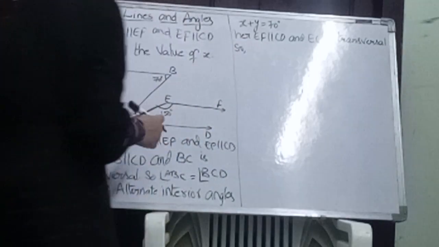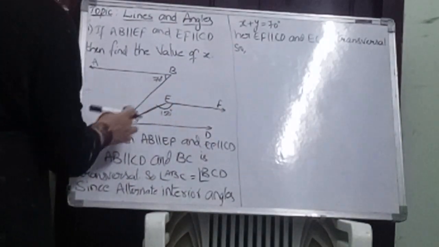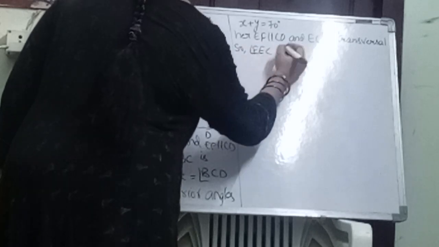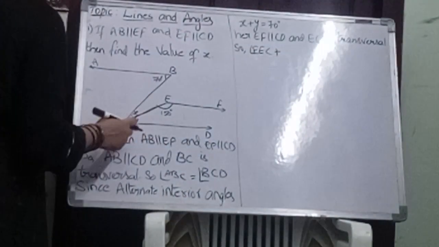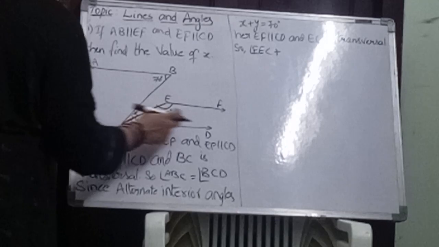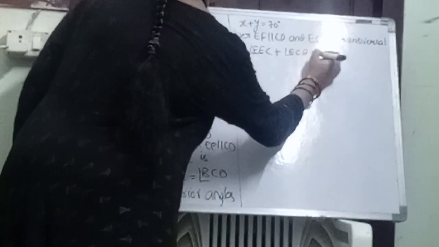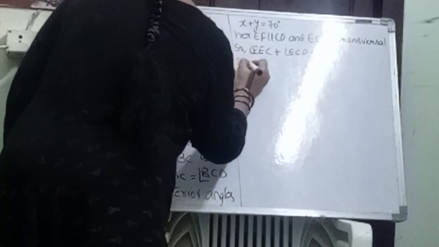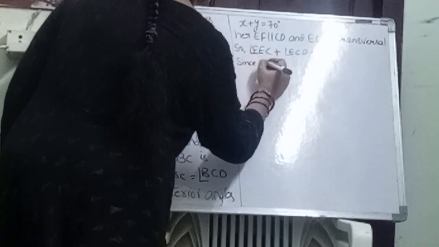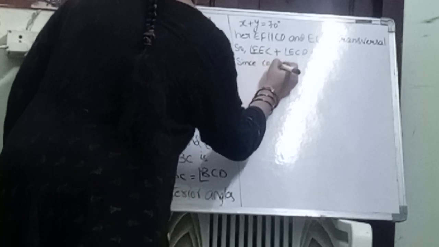So what can we say? Angle FEC plus angle ECD is equal to 180 degrees. Why? Because those two are co-interior angles.